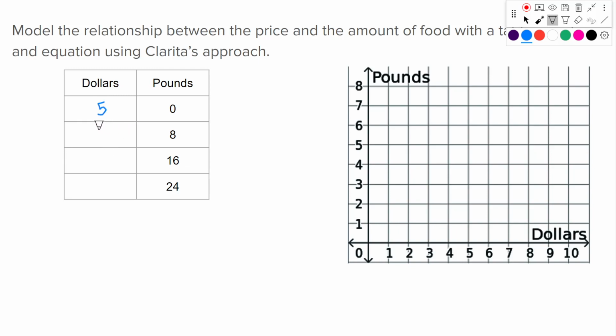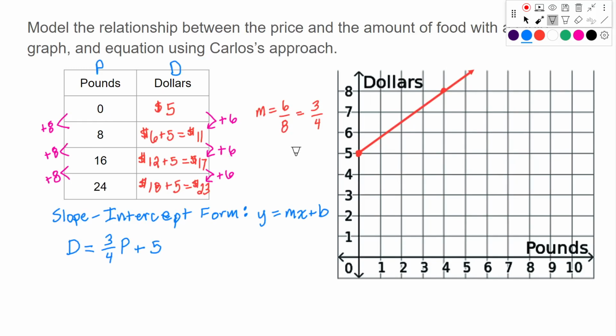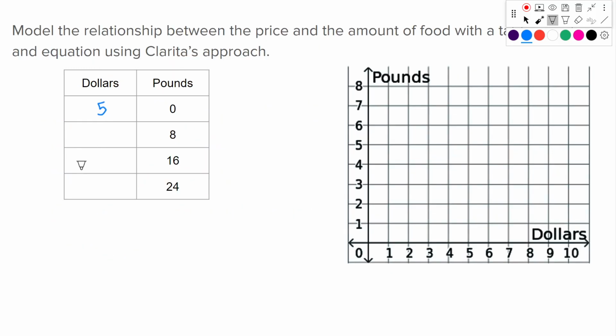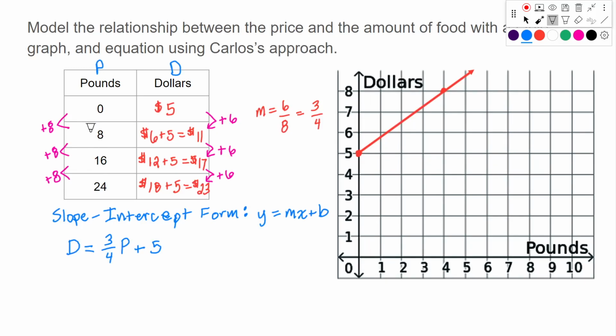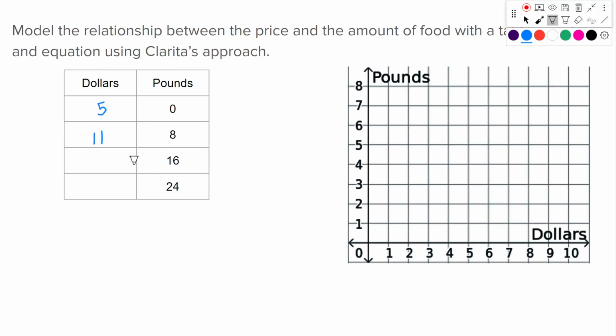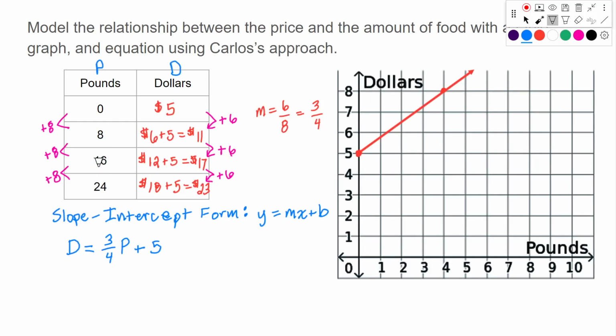So the 8, which had been, let's just double check, 11, and the 16 pounds had been 17, and the 24 pounds had been 23.